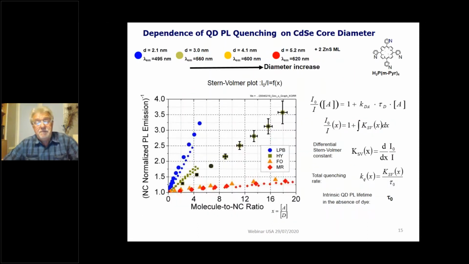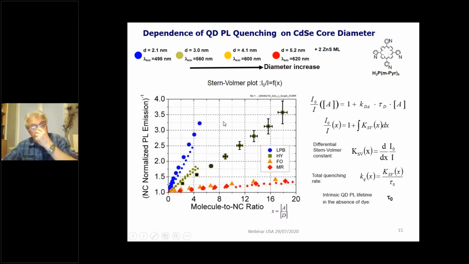So after that, we paid serious attention to the quantum size effect. We used the same porphyrin with one type of fixation on quantum dots, but we changed the size of the quantum dots, from a diameter of 1.1 nanometers up to 5.2.